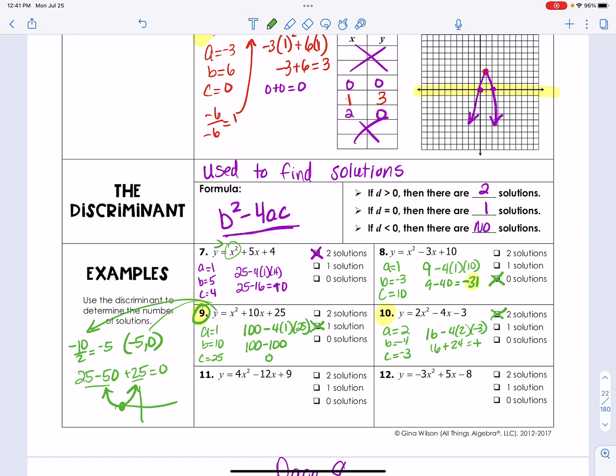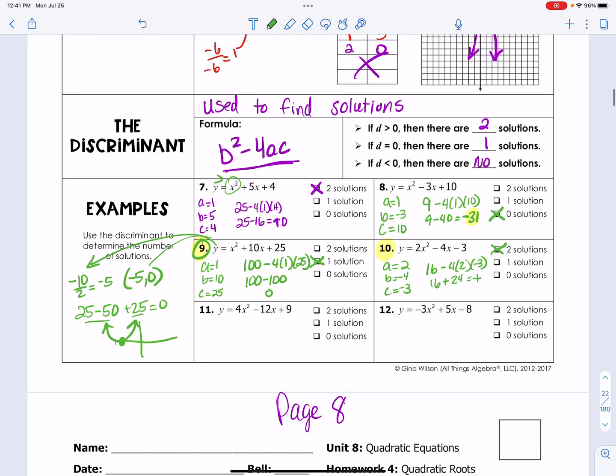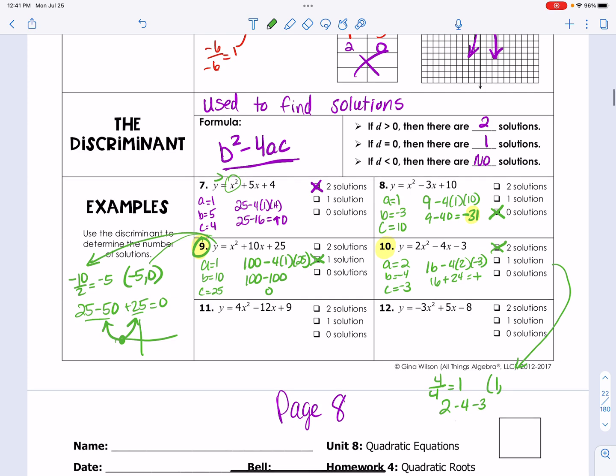So if you look at number 10, I'm just going to kind of come down here. On number 10, you could have done a negative b over 2a. So my vertex is 1, right? And then I'm going to put 1 in there. 1 squared is 1 times 2 is 2, minus 4 times 1, minus 3. So that right there is a negative 2 minus 3 is a negative 5.